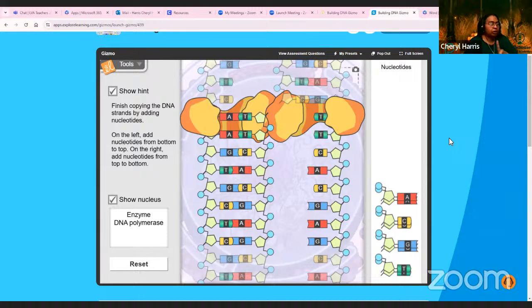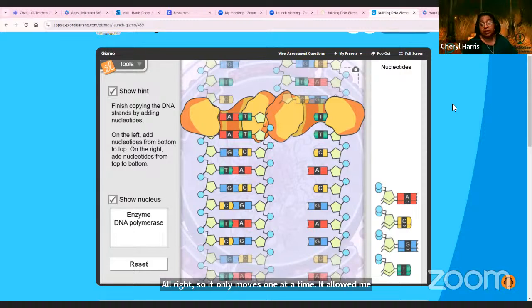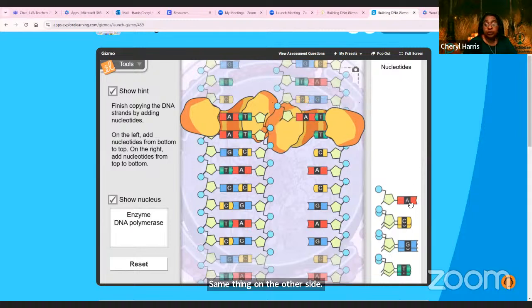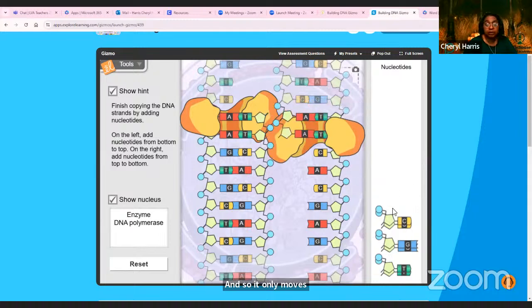All right, so it only moves one at a time. It allowed me to connect each nucleotide one at a time. Same thing on the other side. It only moves when each nucleotide is in place.